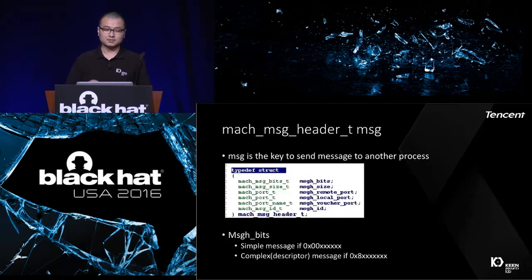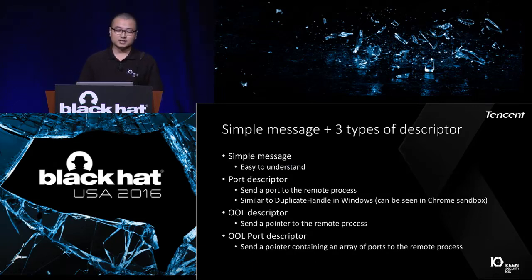So from the parameters of mach_msg, you can find that there is the mach header bits, where the highest bit, if it equals 0, means it's a very simple message, and 1 means it is a complex message, which involves a port or OOL or something like that. So actually, there are 4 types of messages.